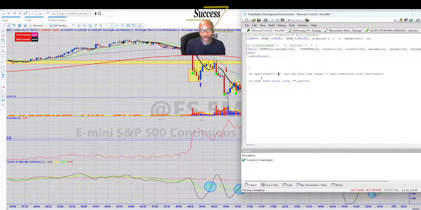So this will give us another 2% on the range, and it's got to be less than the 9. The 9 has to be less than it.